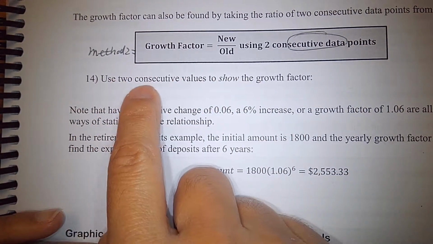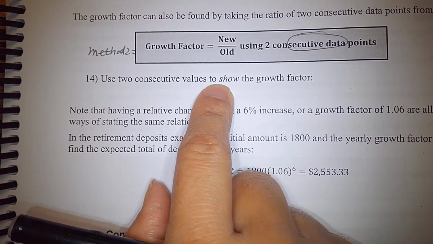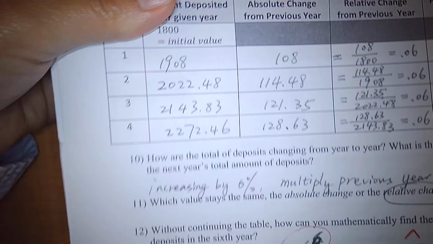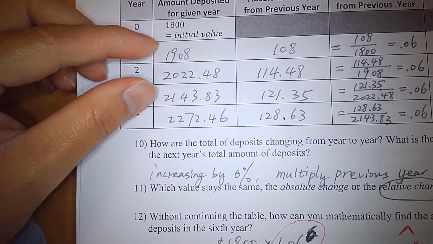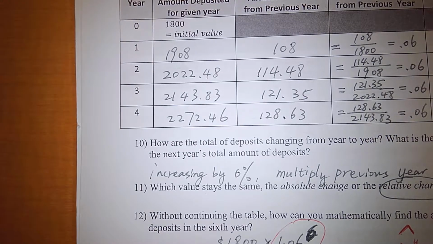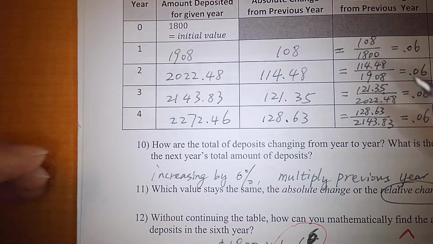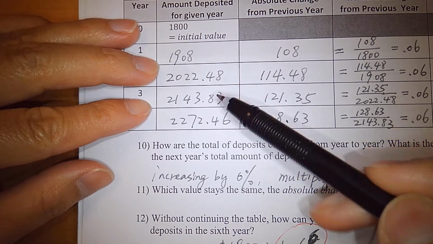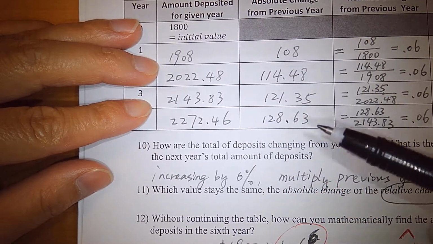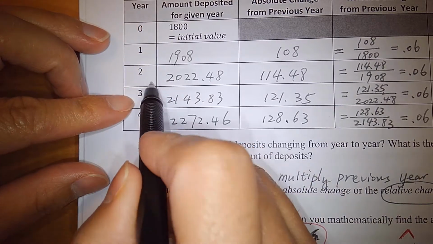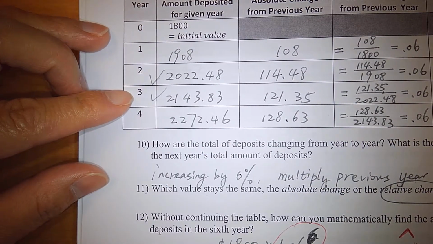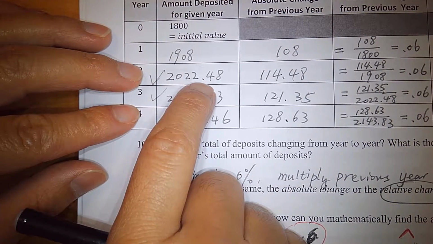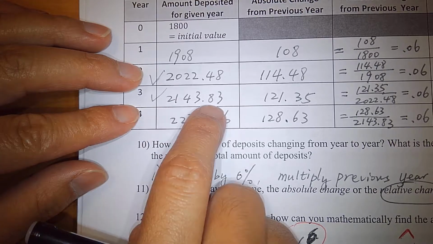Question 4, use 2 consecutive values from our current model to show the growth factor. How? These are our values. Just pick any arbitrary 2 consecutive ones. Which values do you want to pick? Any of these values, just 2 consecutive. So I would say let's do this one and that one, arbitrary. This one is the old value, and this one is the new value, right?